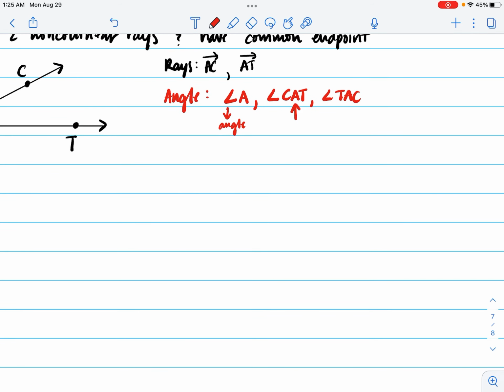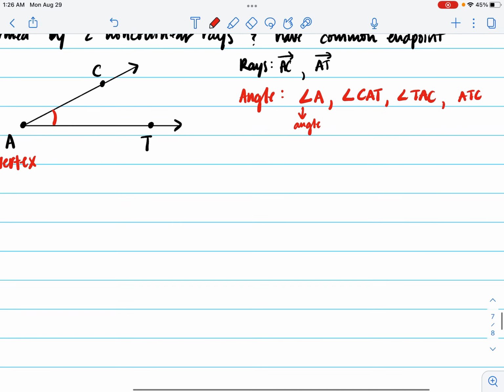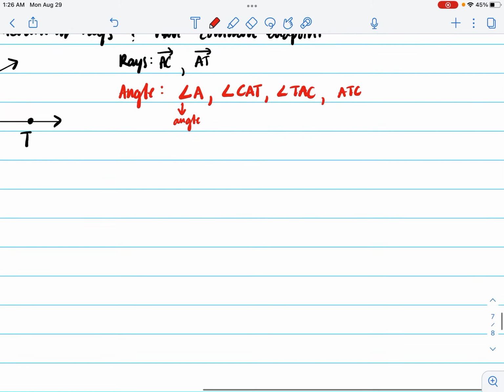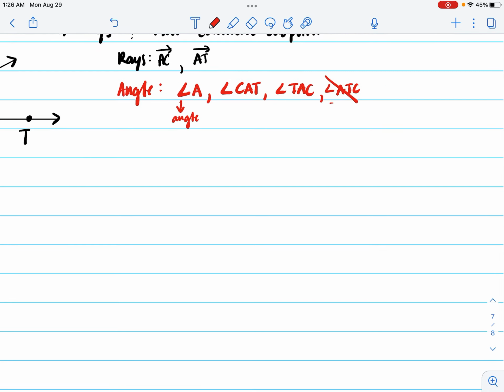But if you notice, A is in the middle, A is also in the middle, and here we have A just by itself. So that's a very common feature with this. It would be incorrect to say ATC, because that wouldn't make much sense. That's not the angle we're talking about. That would not work, and I didn't even put an angle measure here. So that would be wrong.